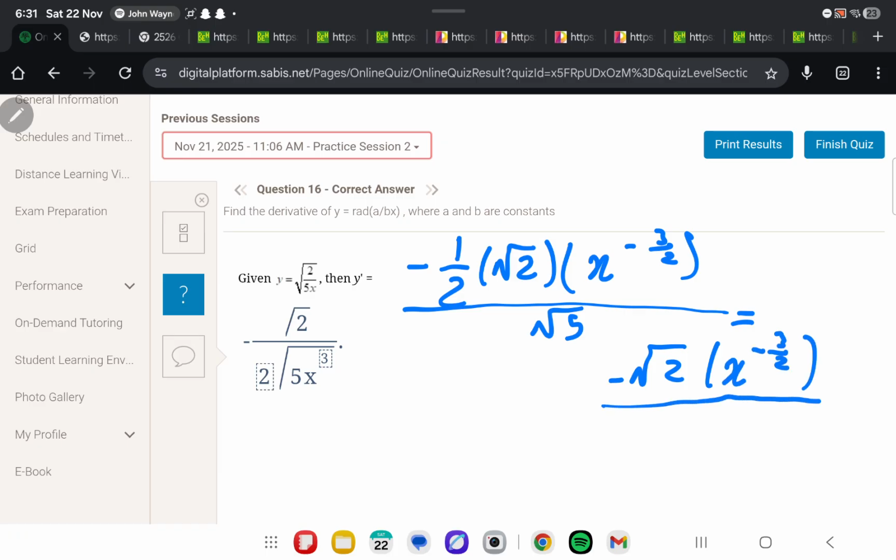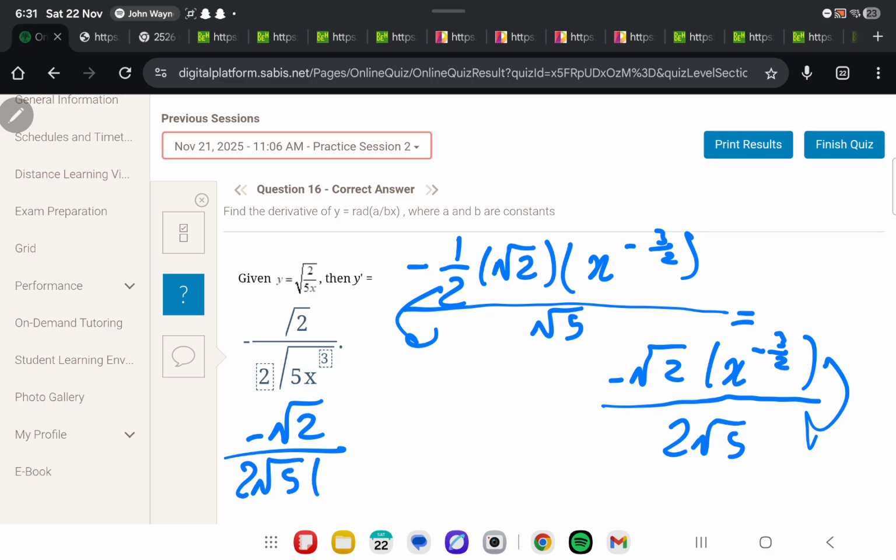Okay, now remember, we took this down. So it's 2 radical 5. Okay, now, you take this back down, because you don't need it up there anymore. So negative radical 2 into, or sorry, just nothing, 2 radical 5 into, basically radical x cubed.